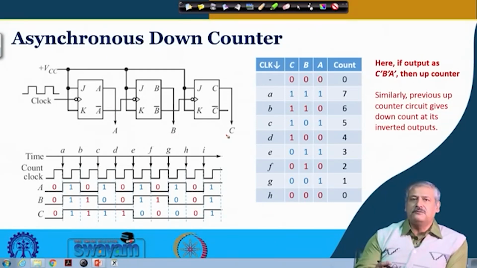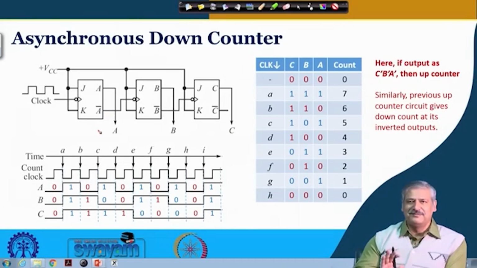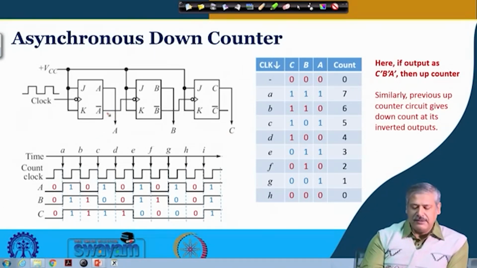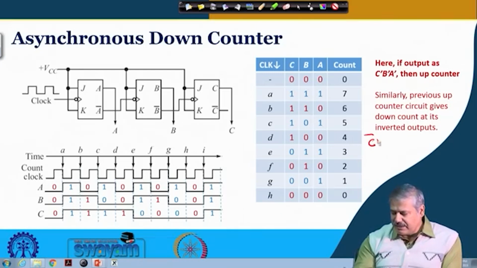Now if the inverted output is also available, please understand this part. If this counter circuit also allows you the inverted outputs to the outside world, that means A bar, B bar and C bar, what would the reading for C bar, B bar, A bar have been in these cases?